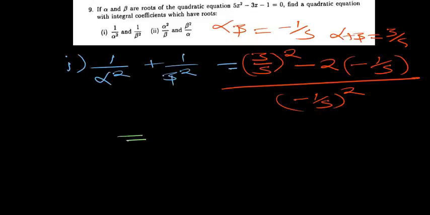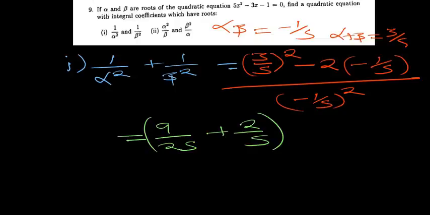Three over 5 squared is 9 over 25, plus that's 2 over 5. Now all this is being divided by 1 over 5 squared, which is as good as 1 over 25 as a positive value. Okay, so we can do it fast, we can do it quick from this point.